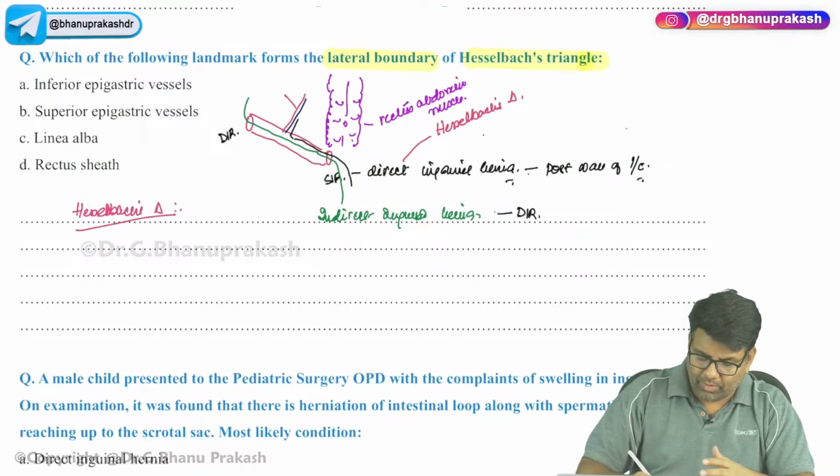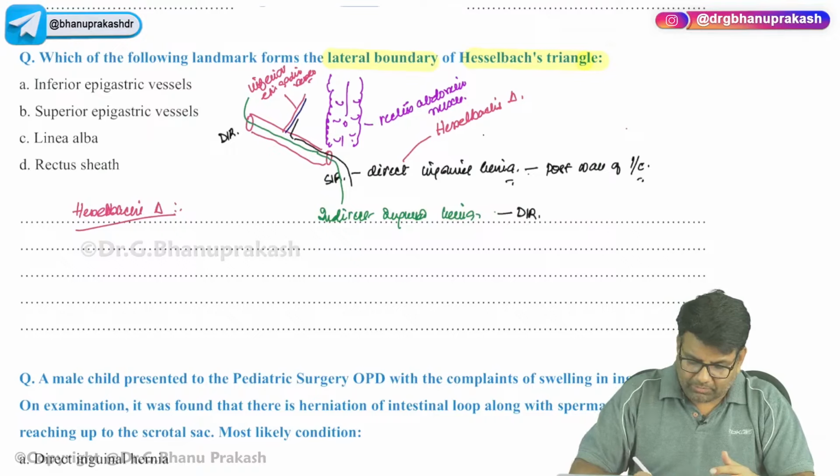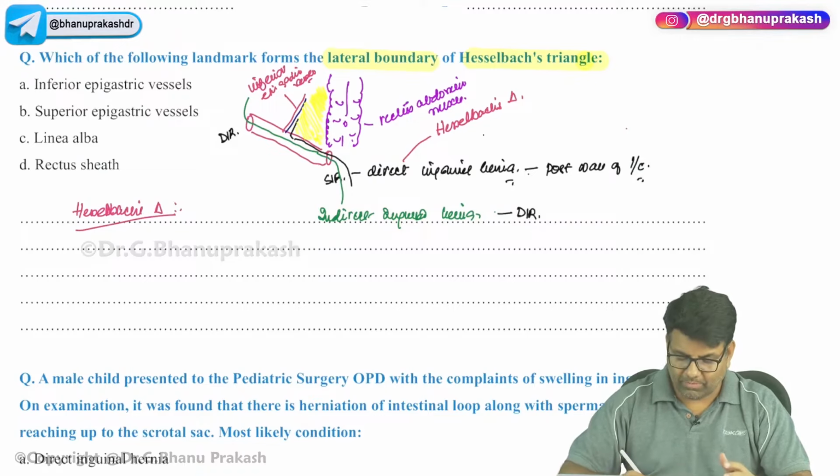These are the inferior epigastric vessels, both the arteries and the vein. So this area, all of this, is Hesselbach's triangle. That clear?